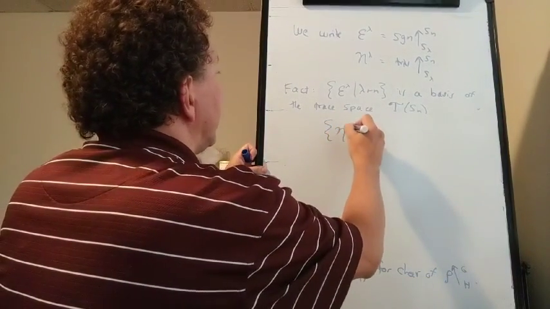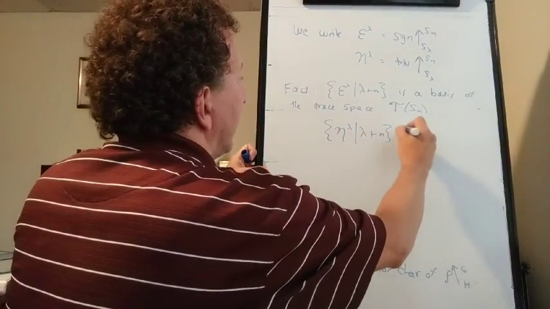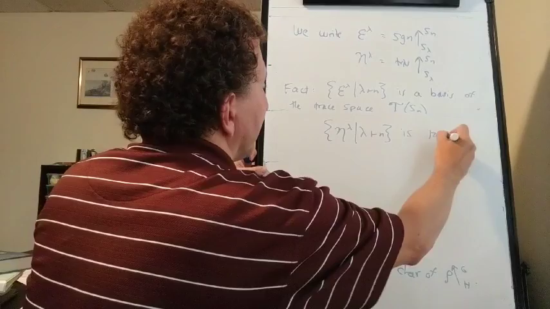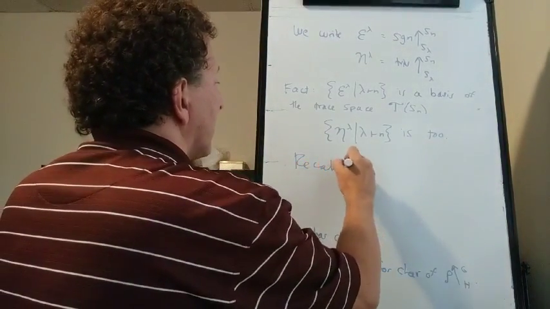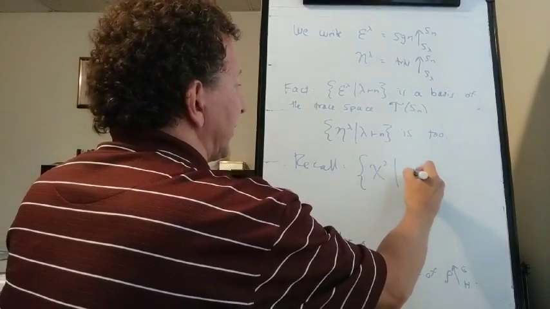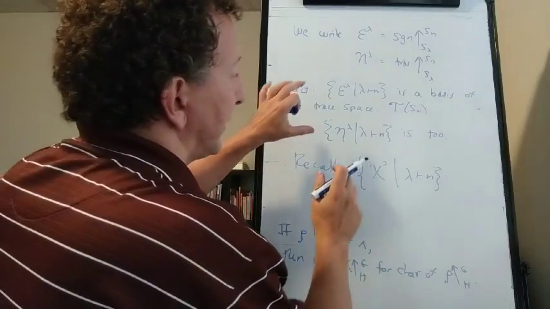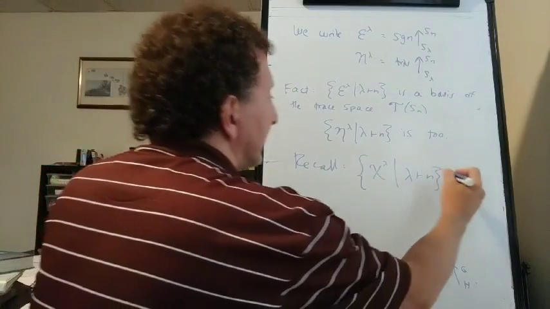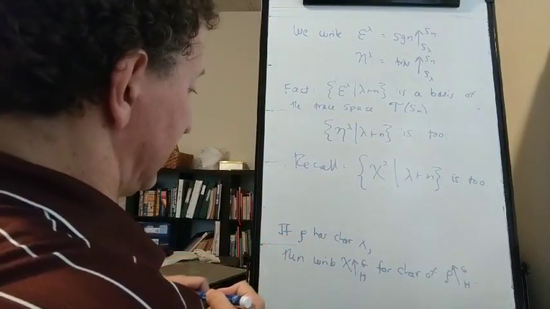And then if we take the induced trivial characters, those form a basis also. And maybe you remember that the irreducible characters form a basis also. So now we know 3 bases at least of the trace space of Sn.